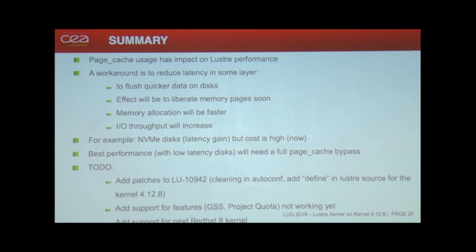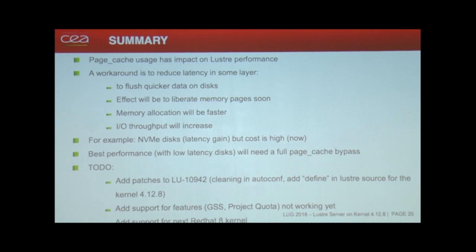The next step will be, for example, to use NVMe disk, because we saw that the protocol to write and read data on NVMe disk is pretty light. But to sum up, what we can say is that on this use case, the best performance can only be achieved with a full page cache bypass.